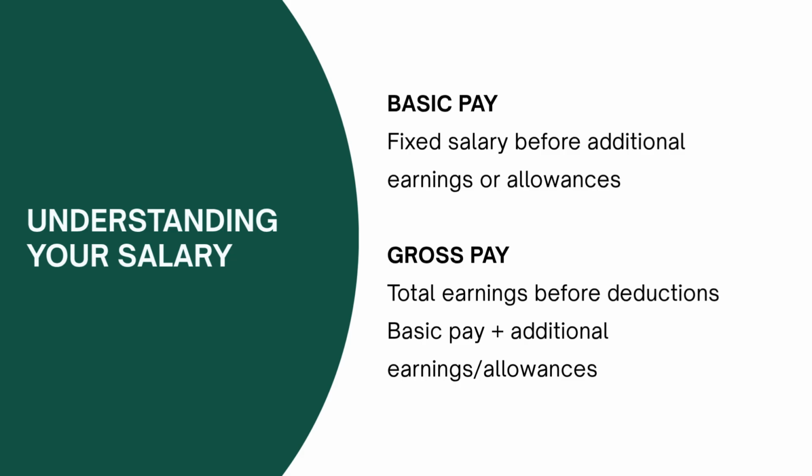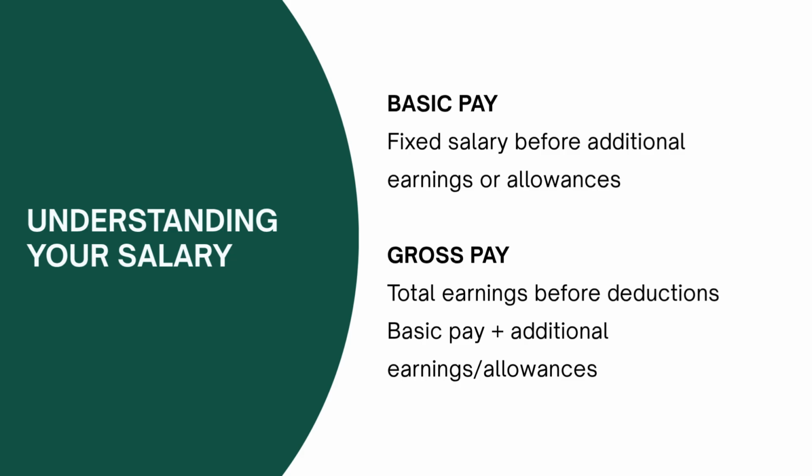And then next we have gross pay, or the gross salary. This is the total earnings that you receive before any deductions are made, and it includes your basic salary plus any additional earnings such as transport allowances, house allowances, bonuses, commissions, or any other taxable earnings that you get on top of your basic salary.